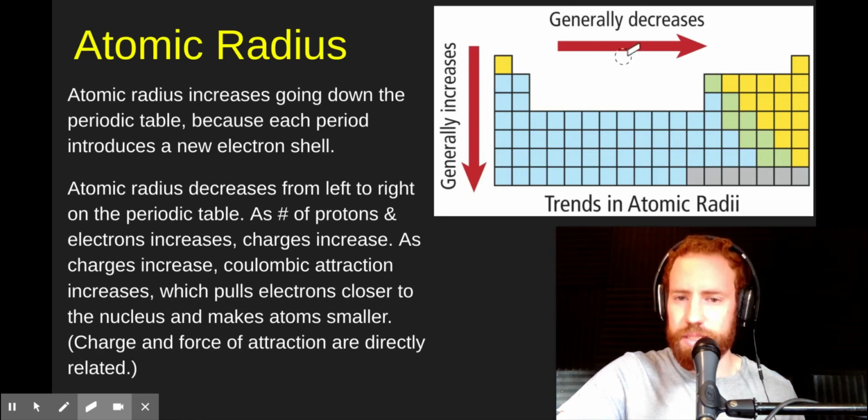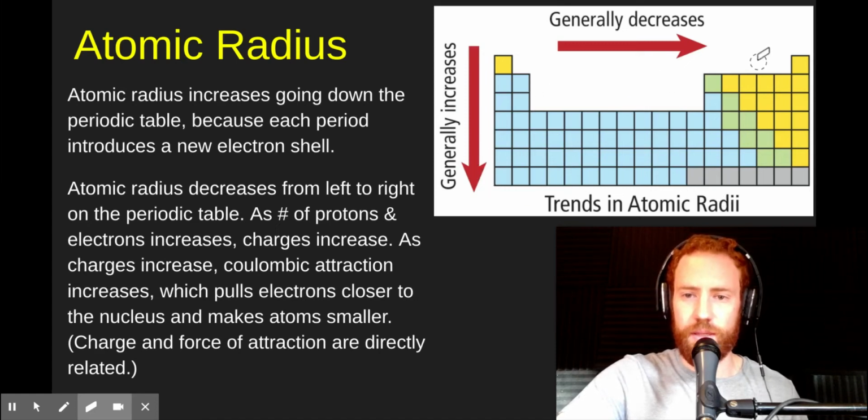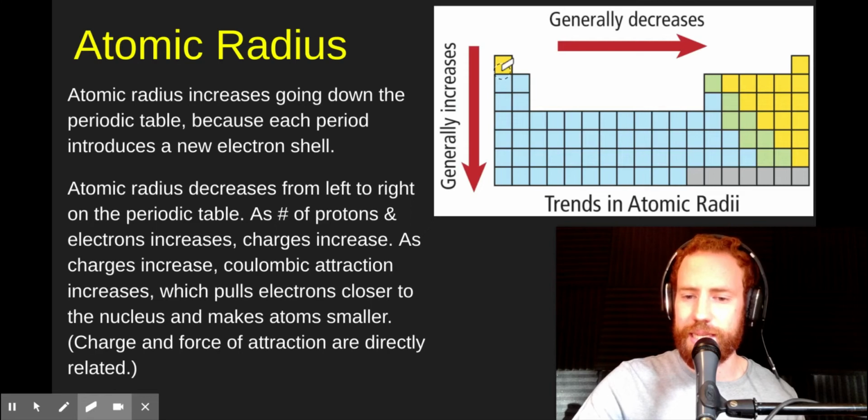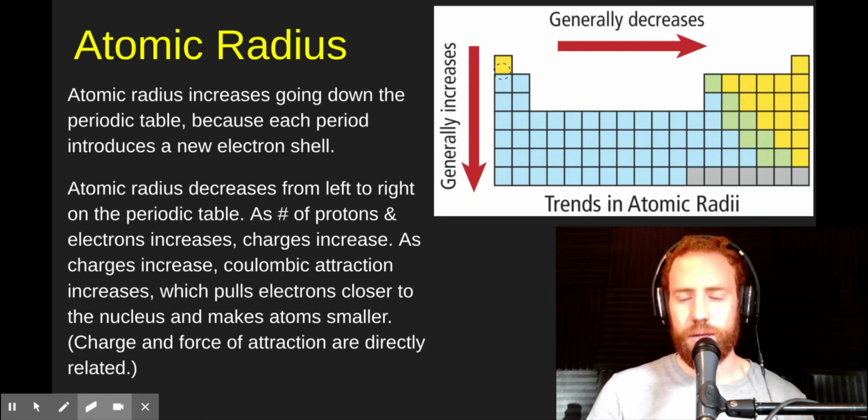The periodic table is listed from lowest atomic number or lowest number of particles to highest number of particles as you go from left to right, top to bottom. So the things with the most pieces are at the bottom and the things with the least pieces are at the top. So it makes sense that things get bigger as they go from top to bottom.